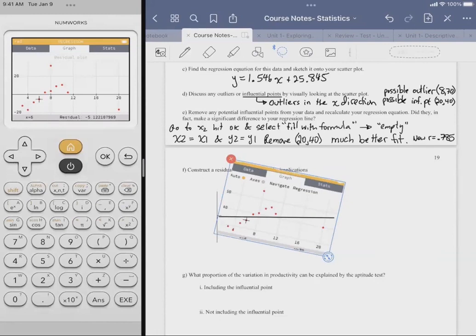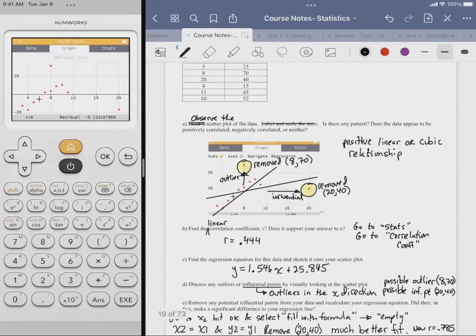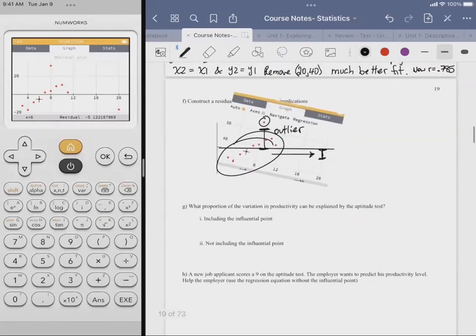So this is my residual plot. I know it's not pretty, but this point here is very far above the x-axis. So that would make it an outlier. This point, the influential one, wasn't really that far away vertically, but it is far away horizontally. Most of the points are over here. The extra point over here is kind of in the middle of no man's land.